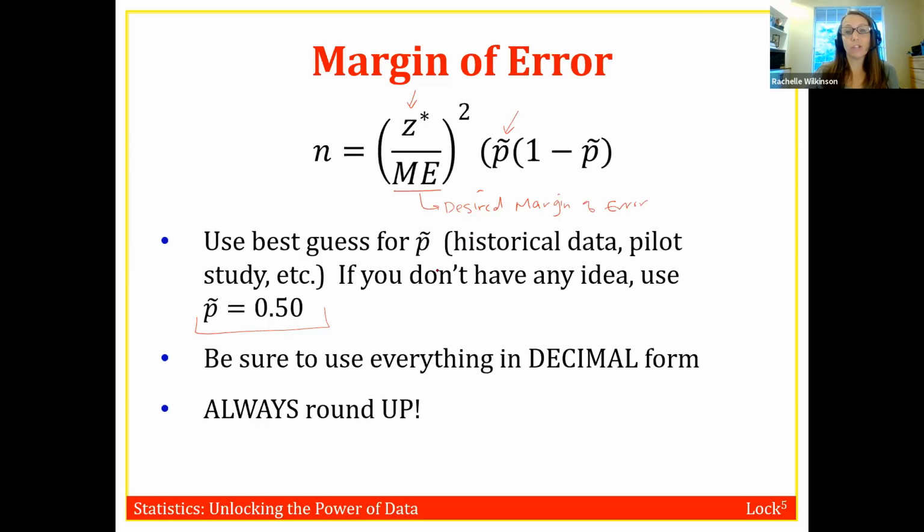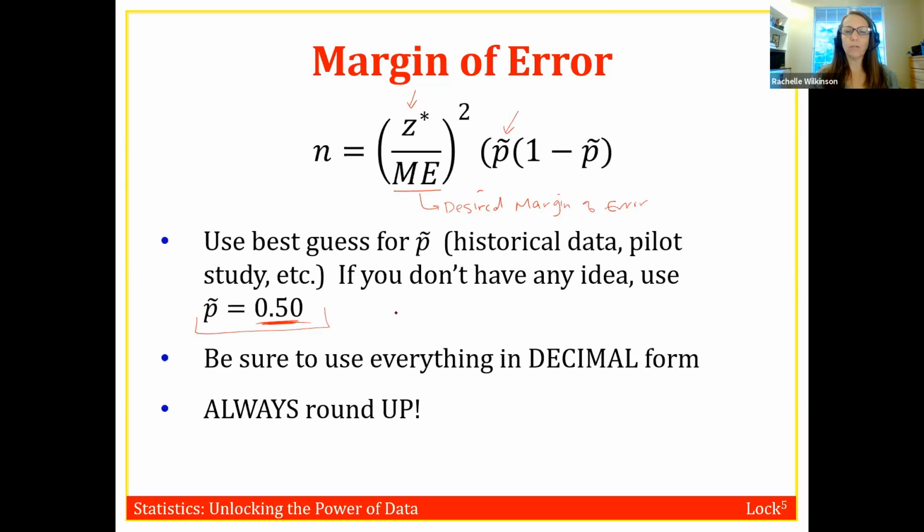So it's nicer if you have something to go off of, because then you can get by with a little bit smaller sample size and still get the same margin of error, assuming your something to go off of is different than 50%. But if you don't know, then we just use the 50% estimate. Make sure when you look at this, it is 50% and not 5%.